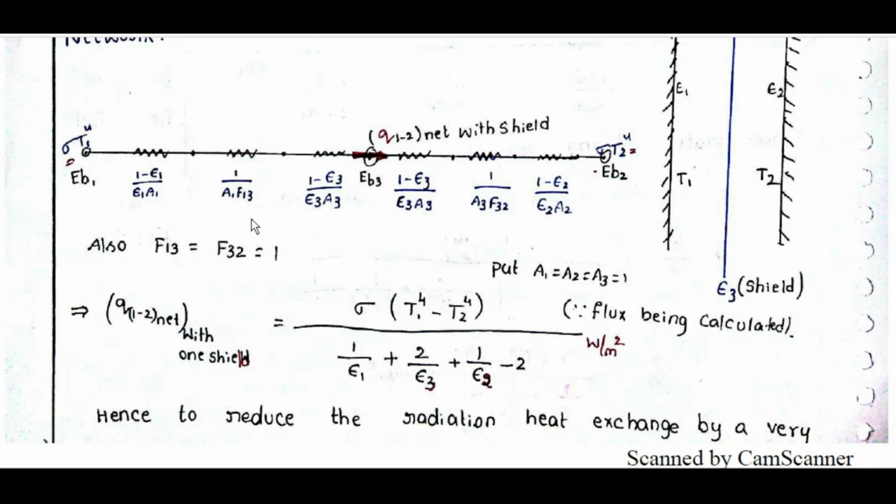Q12 net is equal to sigma into T1 A1, put A1 is equal to A3 is equal to 1, sigma into (T1 power 4 minus T2 power 4) by 1 by epsilon 1 plus 2 by epsilon 3 plus 2 by epsilon 3 plus 1 by epsilon 2 minus 2.